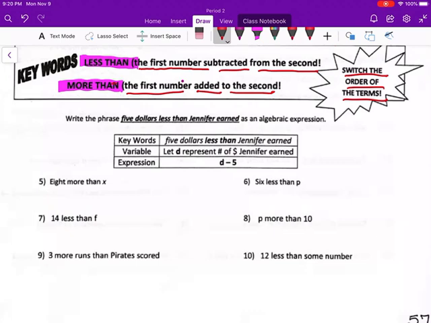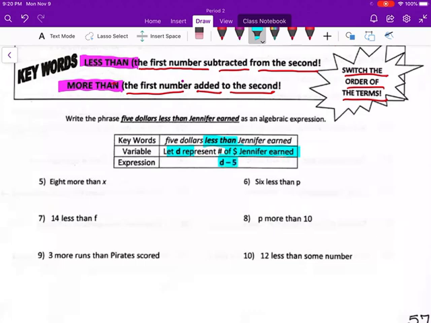My keywords right here are less than. We're going to let the variable D represent the money that Jennifer earned, because it doesn't say how much. So my expression will be the money that she earned, 5 less than that.